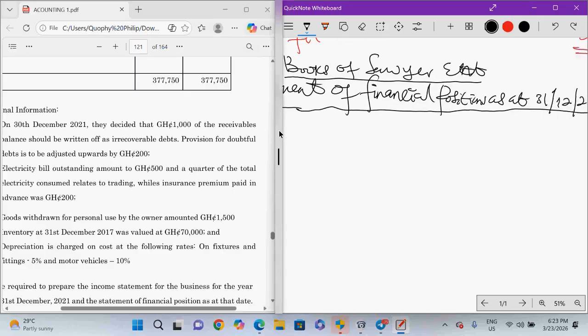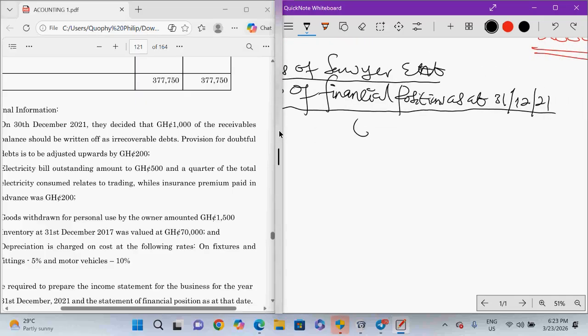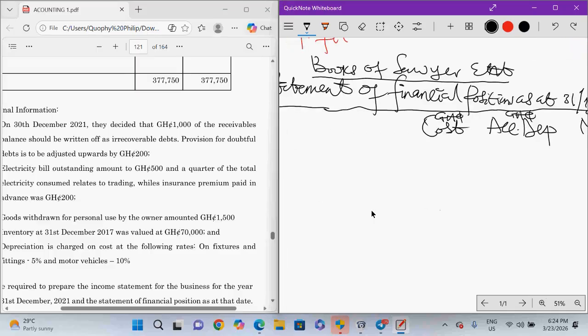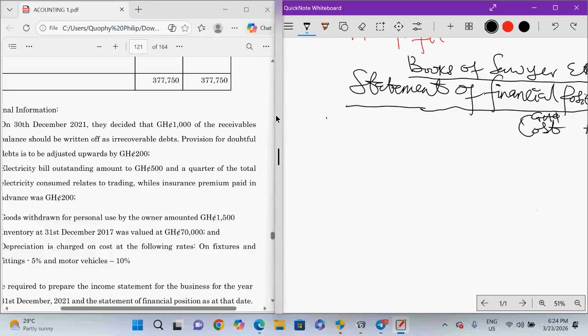All right, so we have the cost, the accumulated depreciation, the net book value, or the carrying amount. We are supposed to bring our currency first. Currency. So with the currency, we have the non-current assets here.